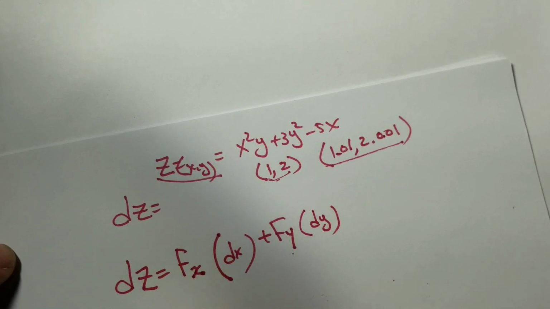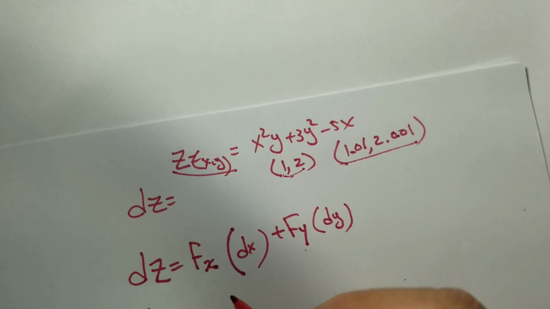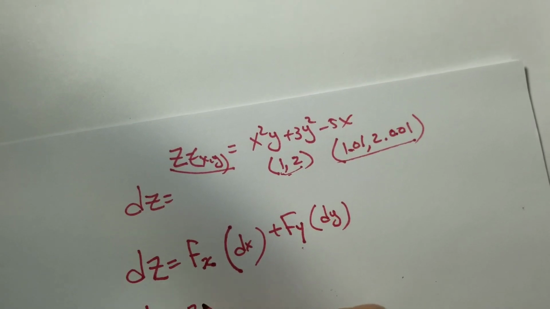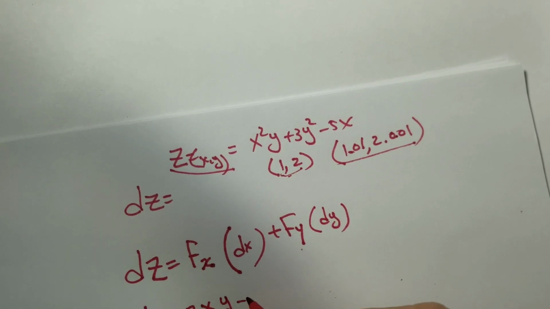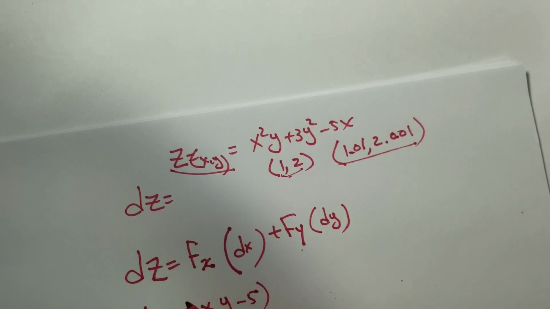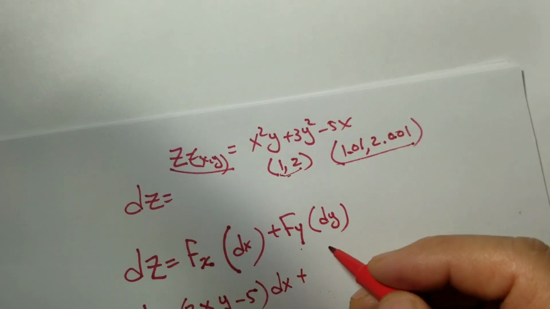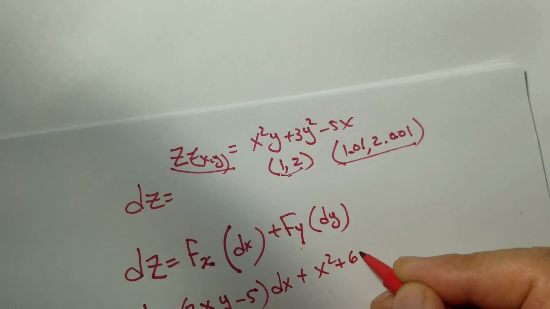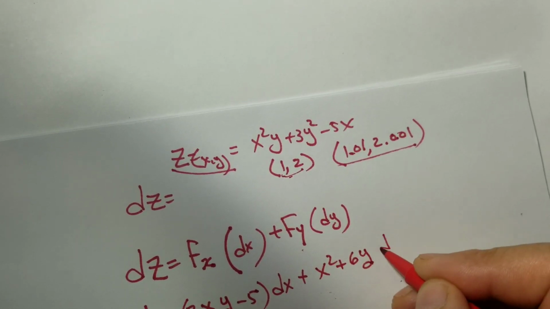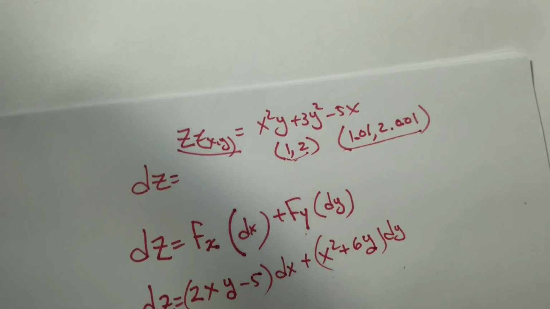Therefore, what is the partial derivative with respect to x? It is 2xy minus 5, times dx. What is the partial derivative with respect to y? It is x squared plus 6y, times dy. But what was your target point?